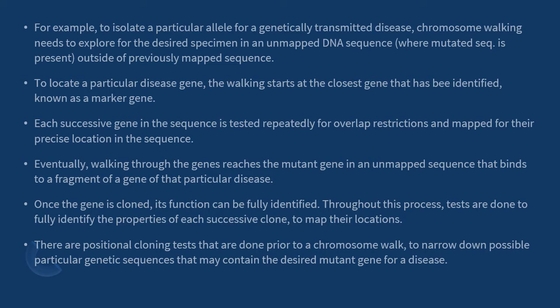Each successive gene in the sequence is tested repeatedly for overlap restrictions. I will read that again: each successive gene in the sequence is tested repeatedly for overlap restrictions, and it is mapped for its precise location in the sequence. When you study the sequence, you will not get the exact sequence each time from sequence A and sequence B. You may get some overlaps, because our techniques are not that precise.